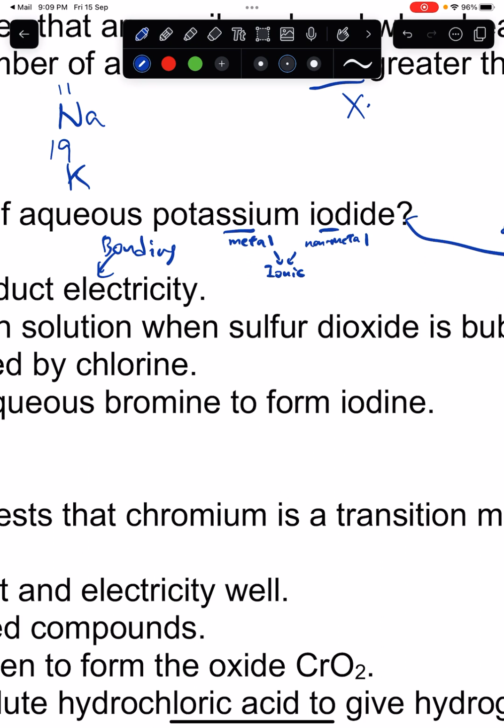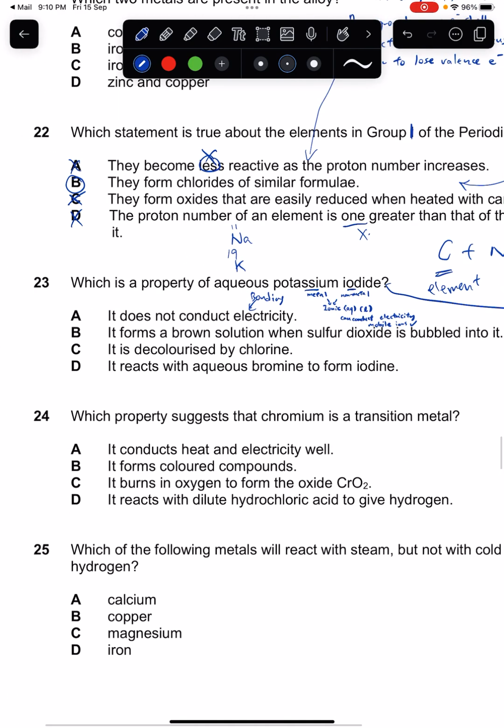So if you recall, ionic, aqueous and molten can conduct electricity. Why? What do they have? Because they have mobile ions. Your giant ionic lattice is gone. So actually A is wrong because it conducts.